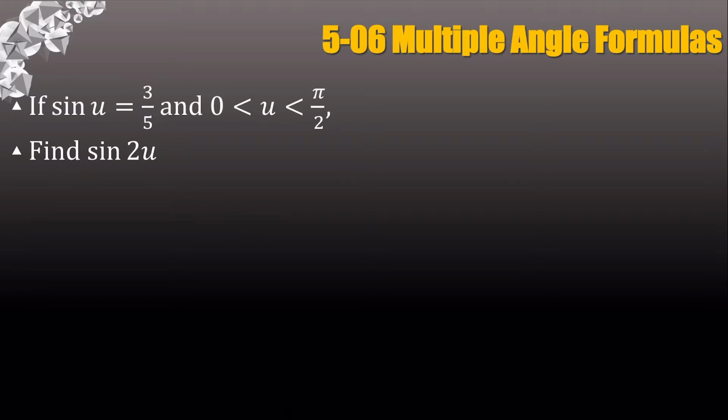So if sine of u is 3/5 and our angle is acute, find sine of 2u. Okay, so we have that sine of 2u equals 2 times sine of u cosine of u. Oh wait, I don't know cosine of u.